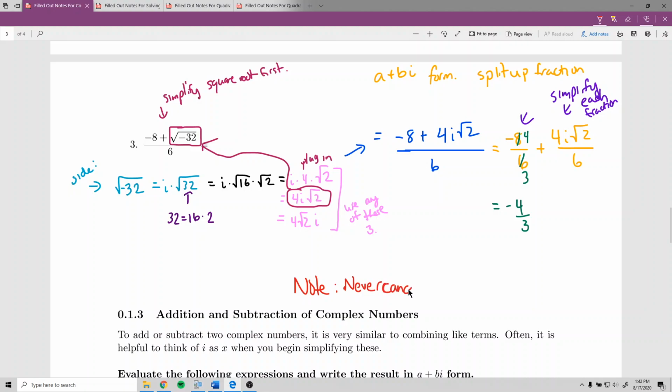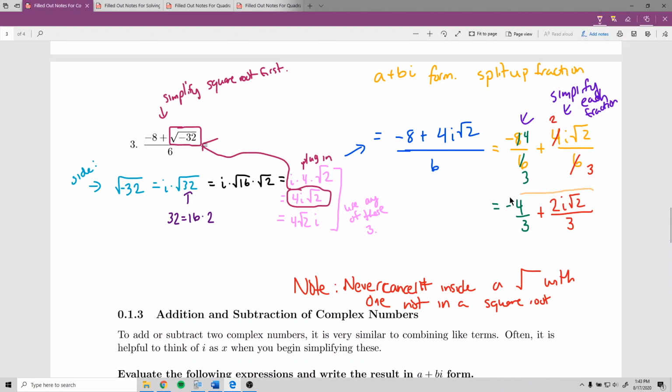Never cancel a number inside a square root with one not in a square root. Meaning I can't cancel this 2 out with a 6, the 2 is stuck inside, but I can take a 2 out of the 4 and 6 each, and I get 2 and 3 respectively. So on the top here I got 2 times i times square root of 2, and on the bottom I have 3.